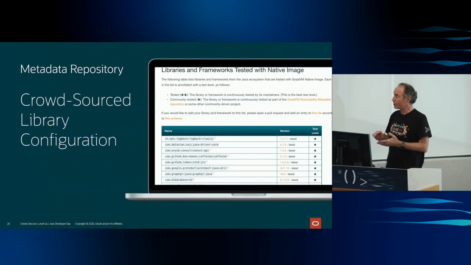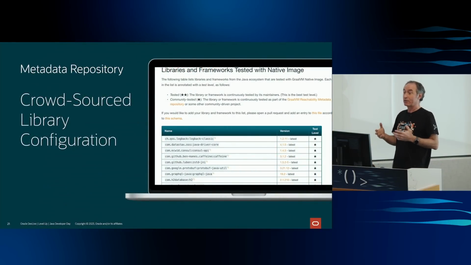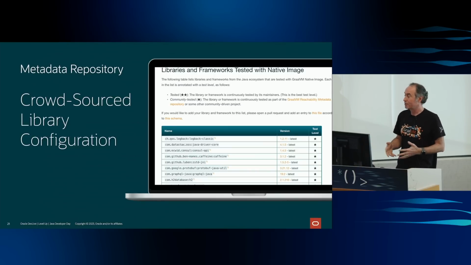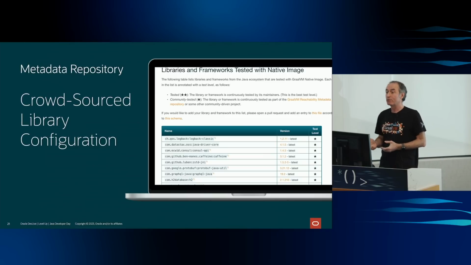So one thing we've been doing is if you're using third-party libraries, we have what I call crowdsourced metadata. It's basically the Spring team, Micronaut team, Helidon, Quarkus teams, all contributing to us the reflective metadata we need for some third-party libraries. So Spring Boot 3 has built-in support, or is designed to work with GraalVM Native Image, and they have a lot of third-party libraries they depend on in Spring Boot.